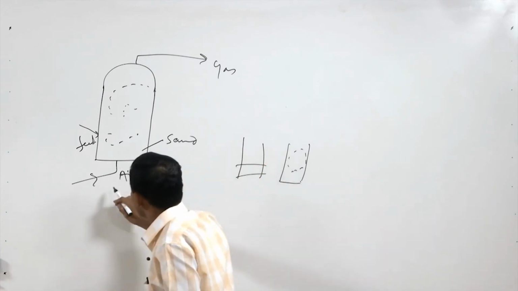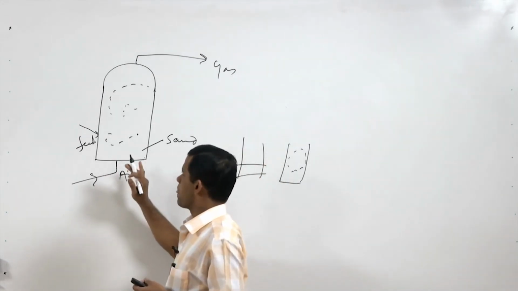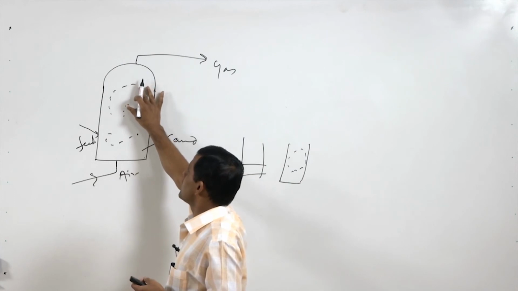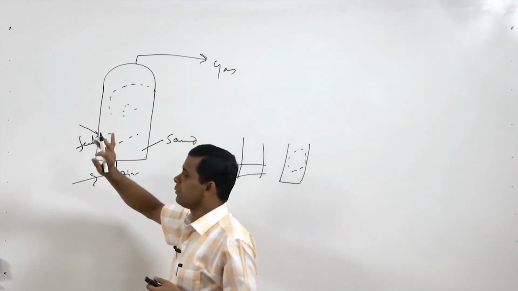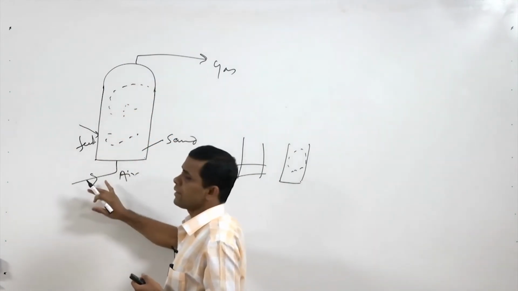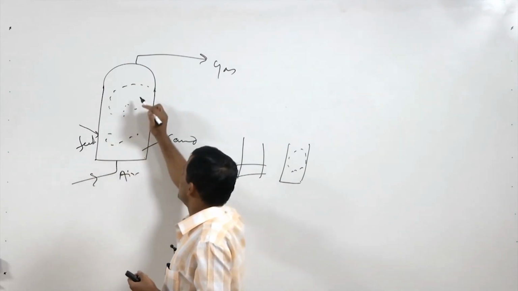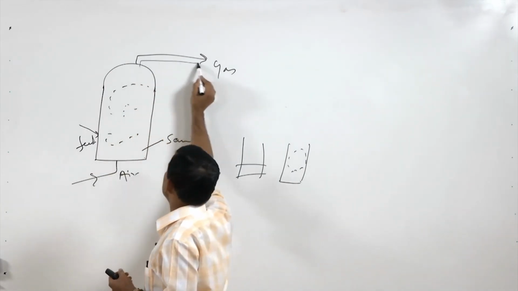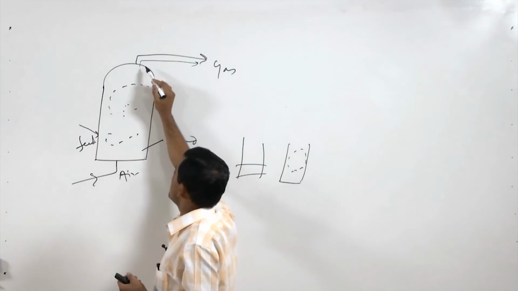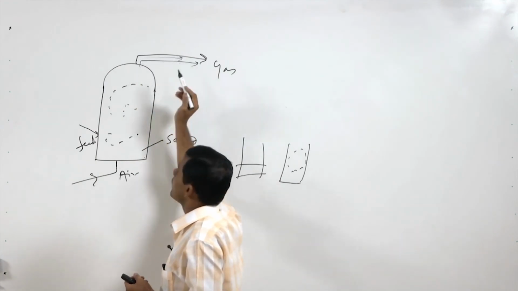Now, if we increase this air velocity further, fluidization takes place with bubble formations, and with a further increase in air velocity, the solid waste as well as sand particles, part of it will be carried over.